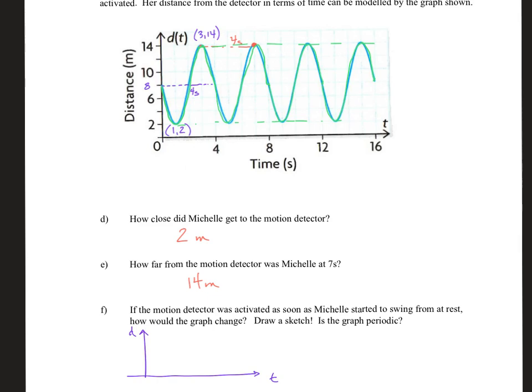if I started to swing on that swing set, yes, I can get up to a graph that looks pretty much like Michelle's. However, if I start at resting position and now I begin to swing, I might swing a little bit closer, and then I go a little bit farther away, and a little bit closer, and a little bit farther away, and a little bit closer.